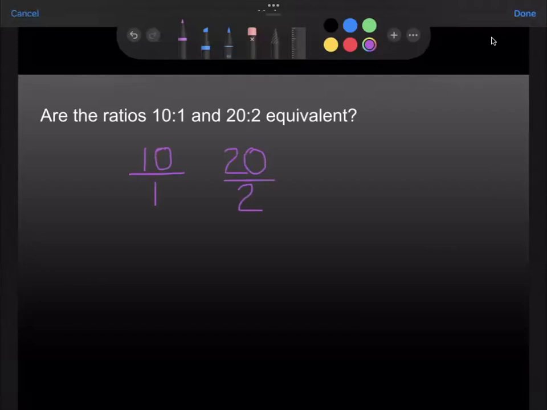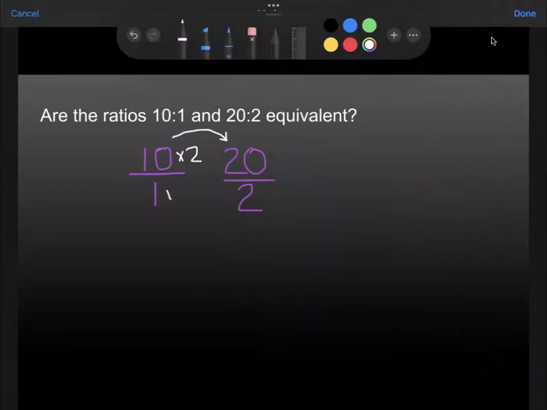So we have two different ways we can go about this. The first way is to go between 10 and 20 using either multiplication or division. If I know what 10 times something equals 20, that would be times 2.